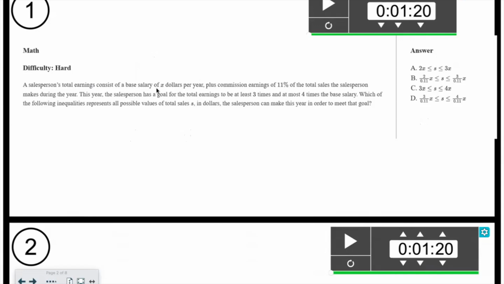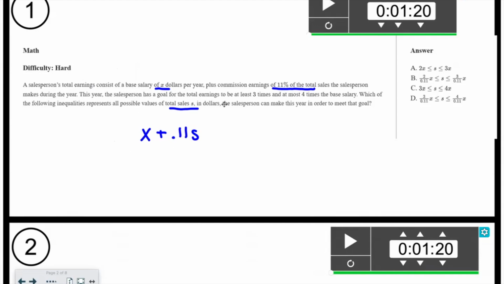So we start with the base salary of X and then plus 11% of the total sales. So plus 0.11, and the total sales, that's S. That's our total earnings, the expression for our total earnings.